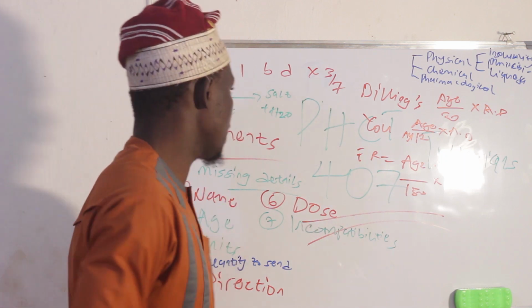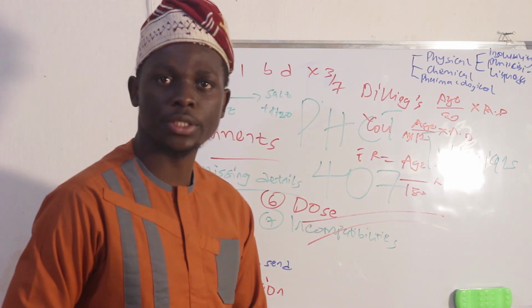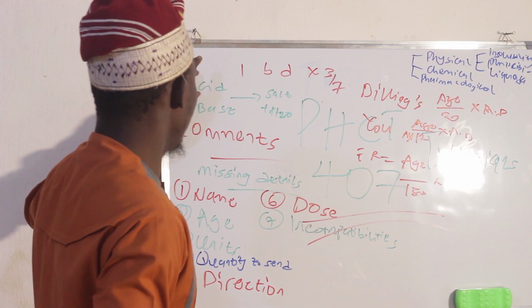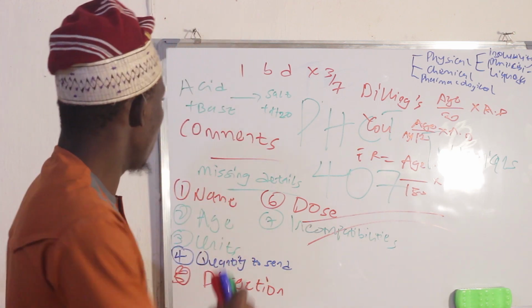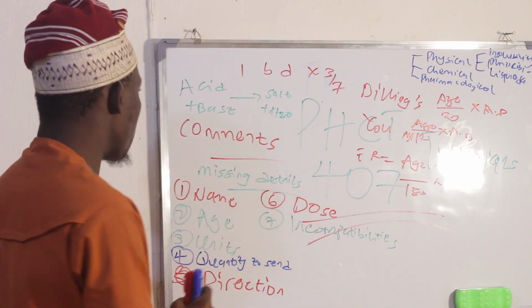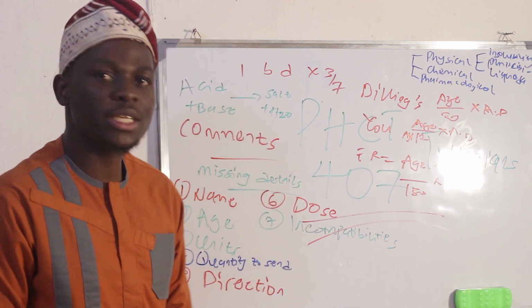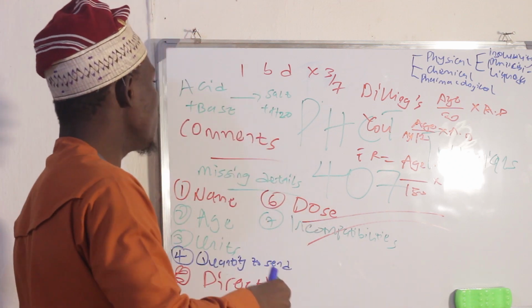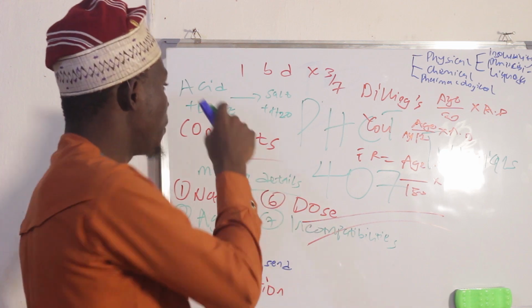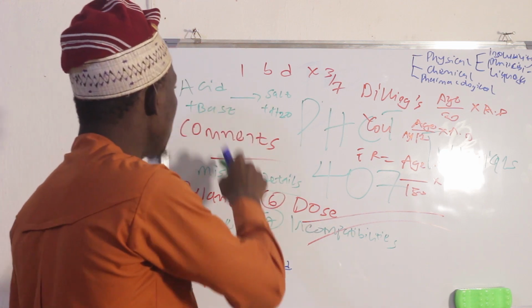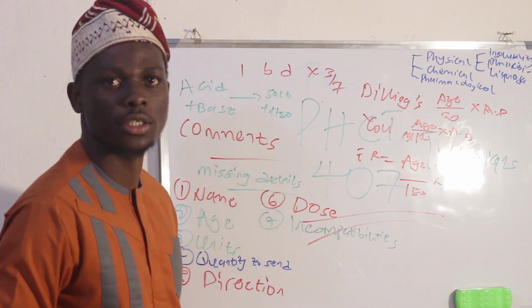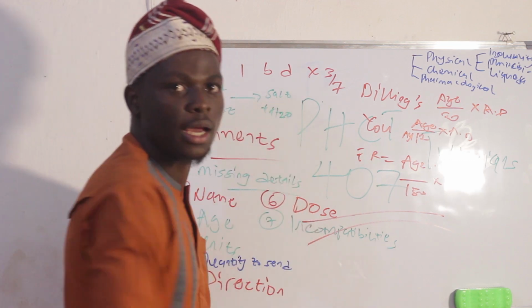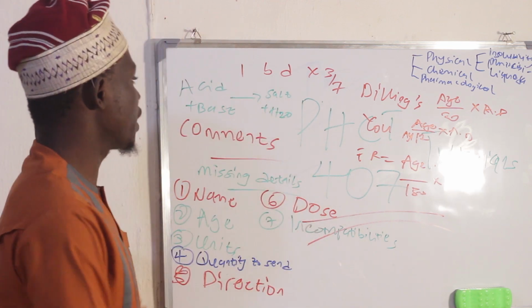So whenever you are given a product, make sure you check: is your product an acid or is it a base? If your product is an acid, that product cannot be mixed together with another ingredient that is a base. Why? Because if you mix them, there's going to be a reaction and it will lead to salt and water.